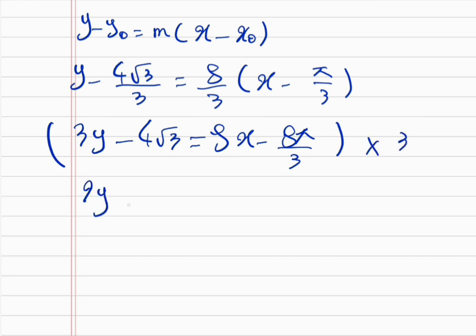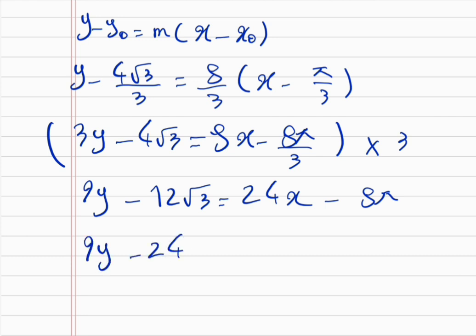So we will have 9y minus 12 root 3 is equal to 24x minus 8 pi. And finally, we just need to rearrange that. So 9y minus 24x minus 12 root 3 plus 8 pi is equal to 0, and this is the final answer.